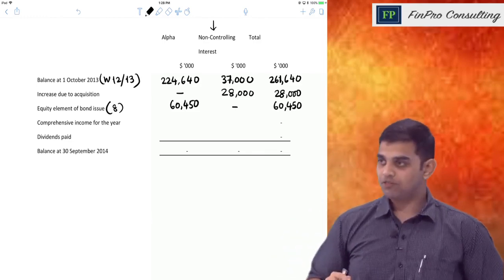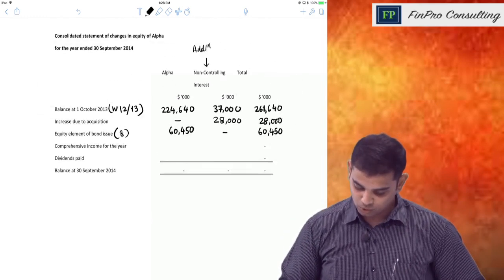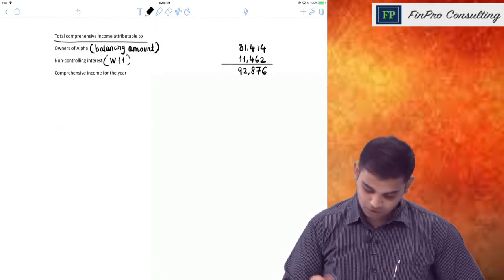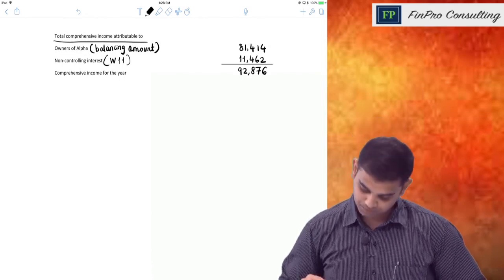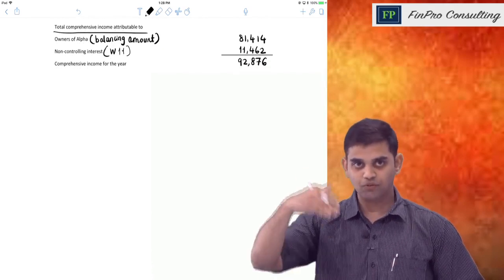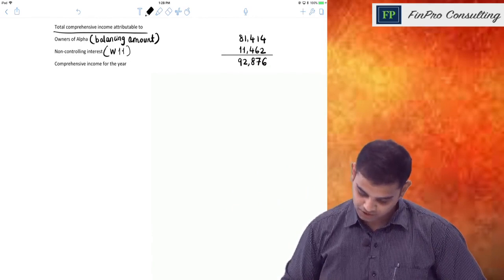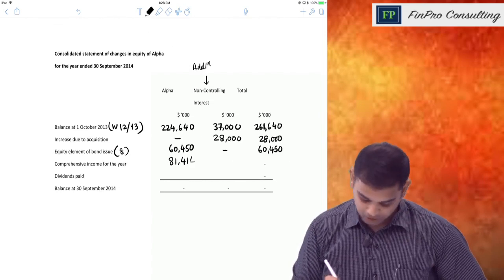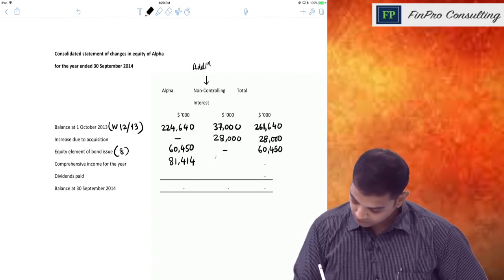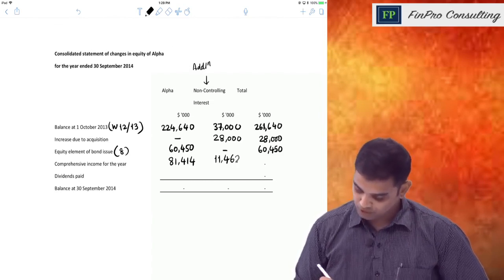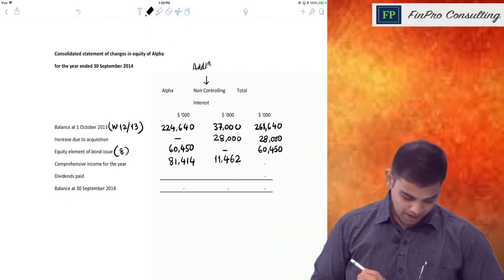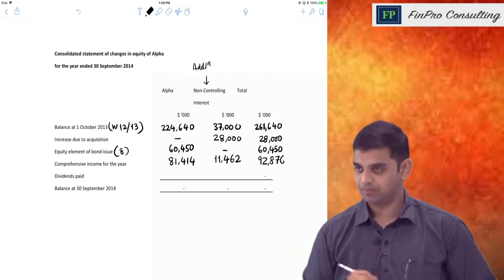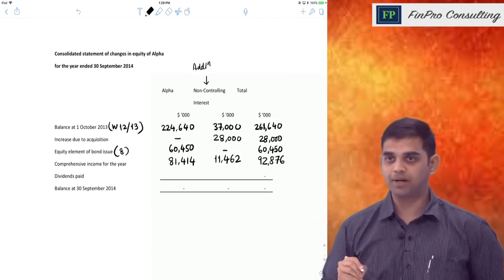Then comprehensive income for the year, you just have to take the totals: 81,414 and 11,462. This is just a flow from P&L and OCI to the statement of changes in equity. So 81,414 attributable to owners and 11,462 attributable to non-controlling interest, and the total is 92,876.